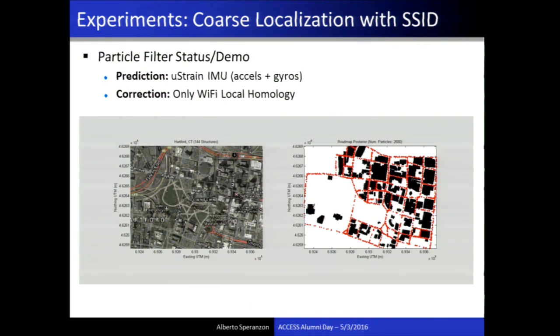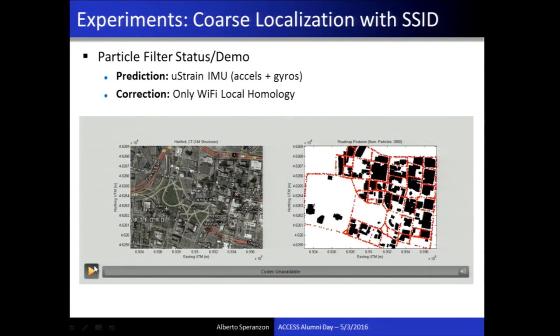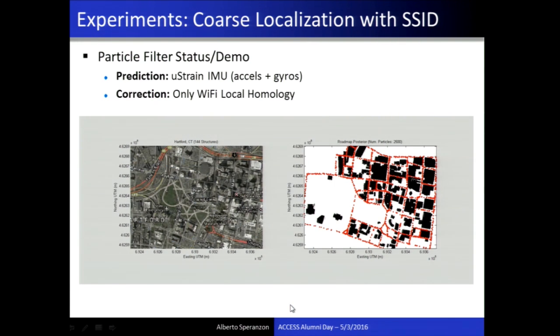We initialized the particle filter to have particles on the road network, because that makes the most sense. And you can see if this plays. Yeah, codec unavailable, so it doesn't play. So I can show it on my computer. In practice, there is a triangle representing the vehicle, which is moving.